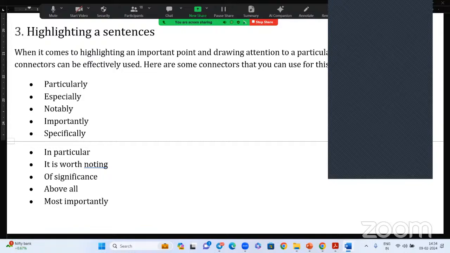Okay, consumption, intake of recommended dietary regimen. See, particularly careful, particularly. Okay, everything you have to be careful, but particularly careful you have to be regarding these things.